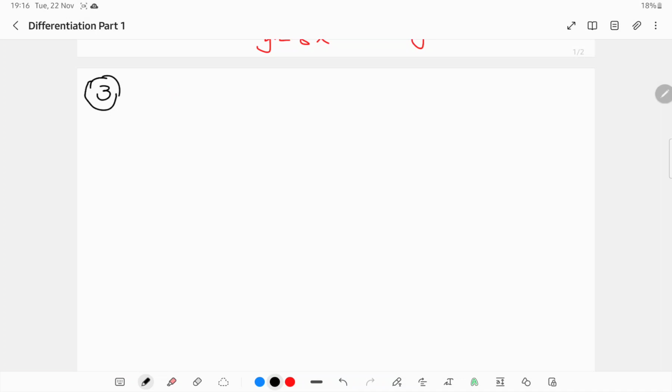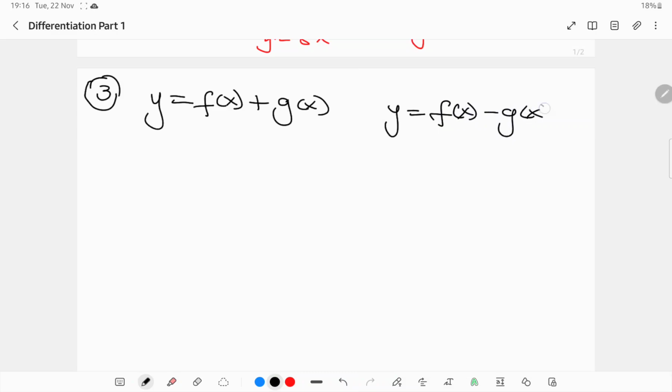So whenever you have two functions, let's say y equals f of x plus or minus g of x, right? Either plus or minus. But let me just do one. And then also we have y equals f of x minus g of x, right? So when you find the derivative of this, y prime of this, what is it?